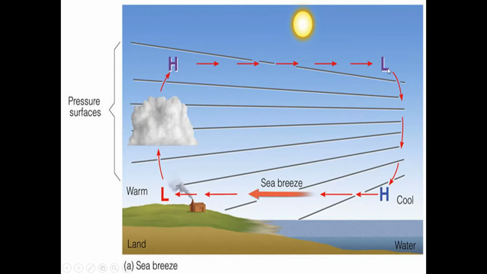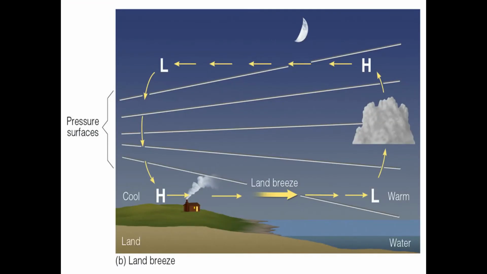Over the ocean, you have a cold column, which shrinks, and therefore you have low pressure aloft. Air then moves aloft from high to low, from land to the ocean, and that creates lower pressure at the surface over land, higher pressure over the surface of the ocean, and the rest is history.